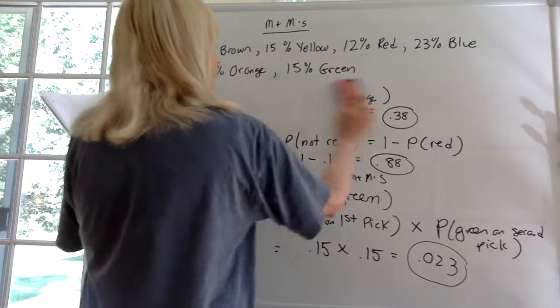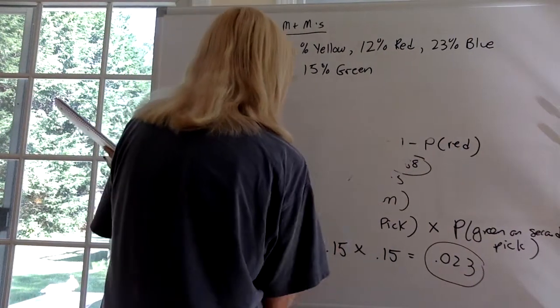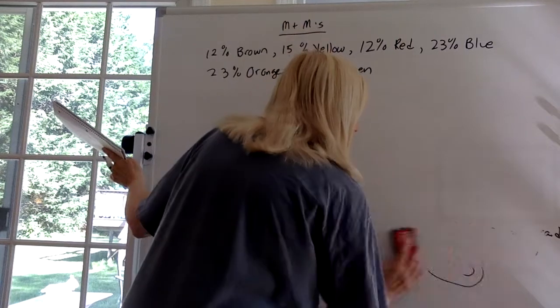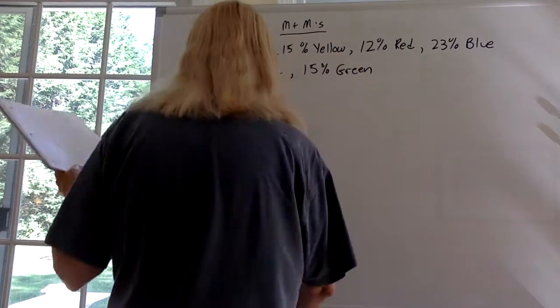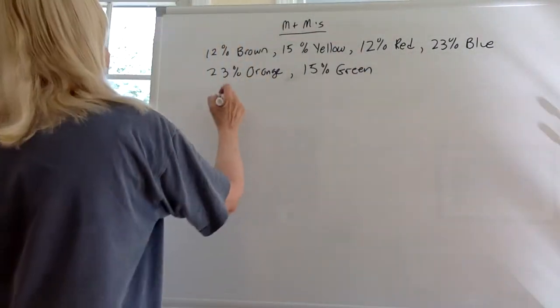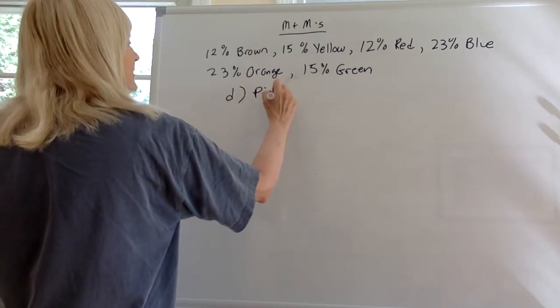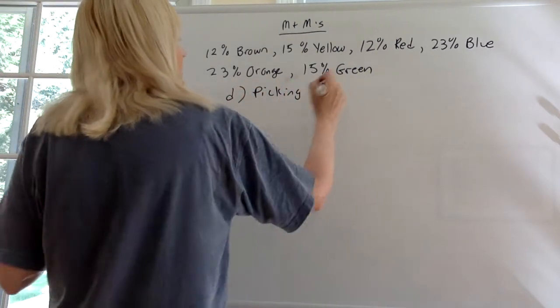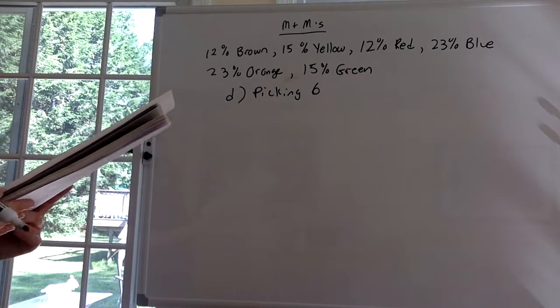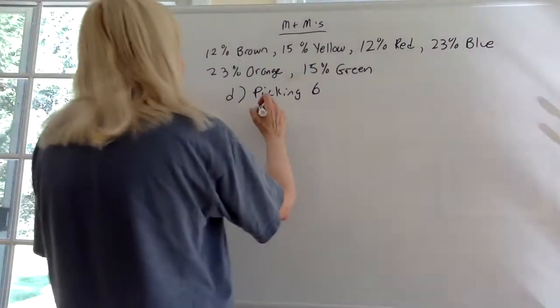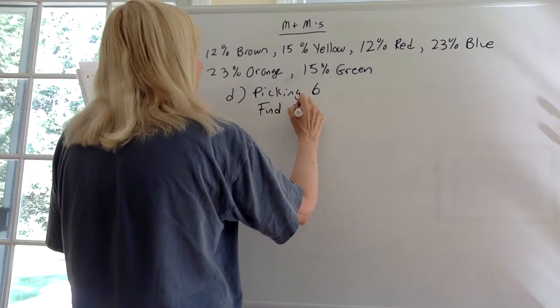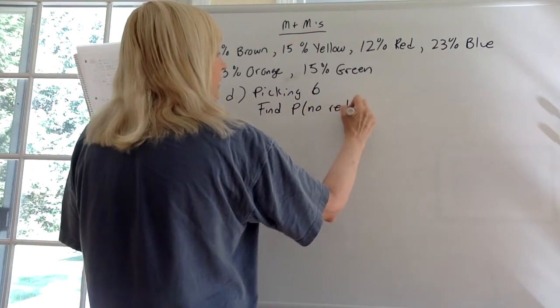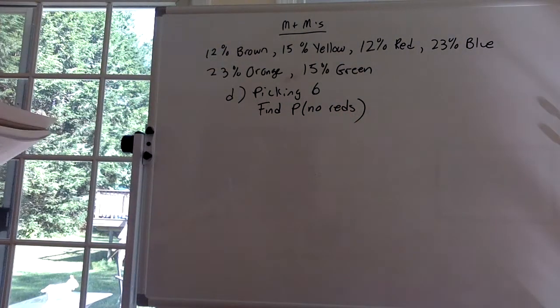Let's keep going. There's a few more problems here. Part D says now we're picking 6 M&Ms. Okay, we're going to pick 6: 1, 2, 3, 4, 5, 6. We want to find the probability you don't get any reds when you do those 6 picks.